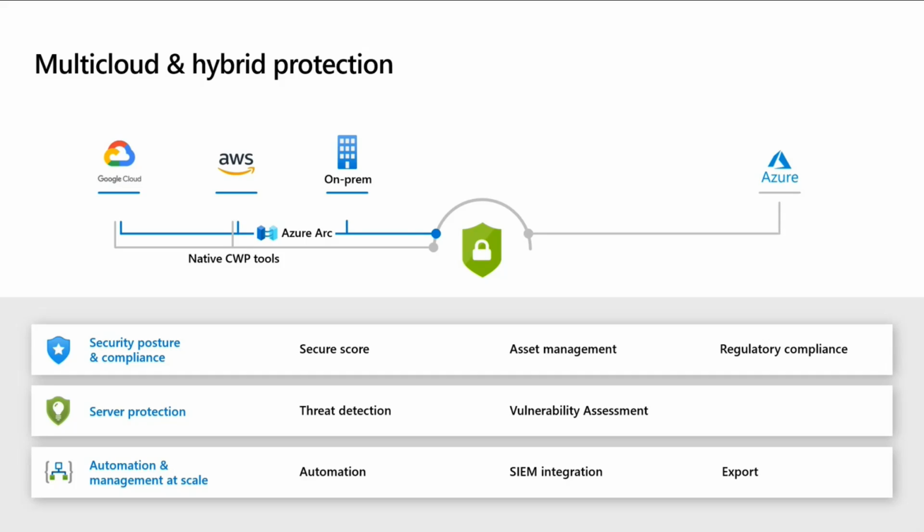Then there are extensions. There's the MDE extension, which is an integrated license for MDE for EDR capabilities. There's an extension for vulnerability assessment that requires either Qualys or TVM, which is our threat and vulnerability management. In the demo, I'll show how you go about configuring this.